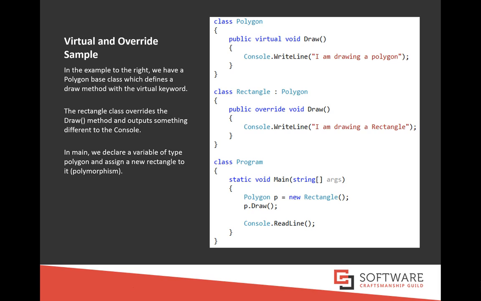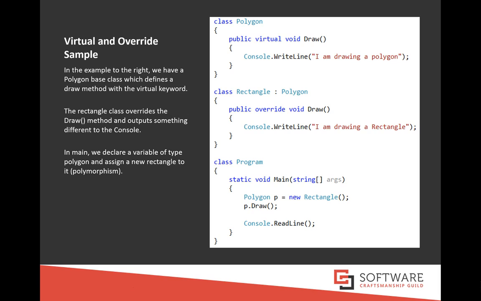In our program main, you see that we can instantiate a polygon P and assign it to a new rectangle. Those types don't look like they match. That looks a little weird to us since we've been working with C# for a while. But in the case of inheritance, because rectangle inherits from polygon, a rectangle is a polygon.